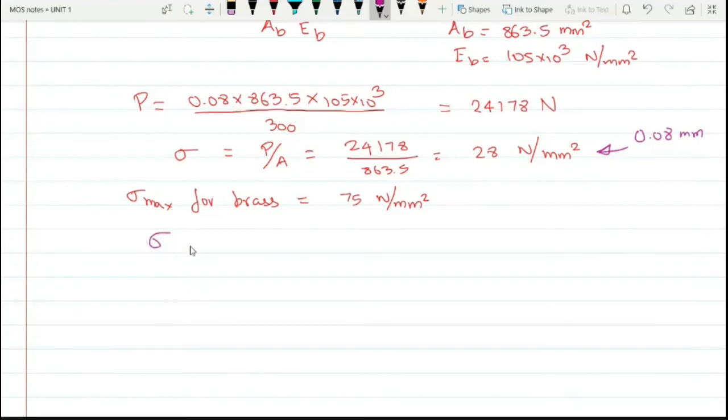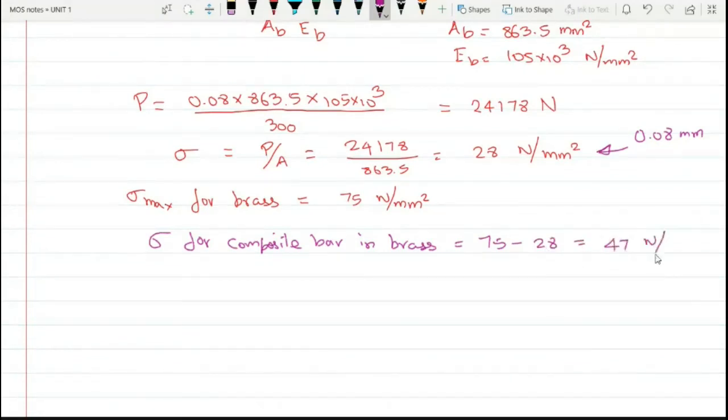So stress for composite. The stress for the composite bar in brass will be maximum stress 75 minus this 28. So what is the value? It is 47 Newton per mm square.